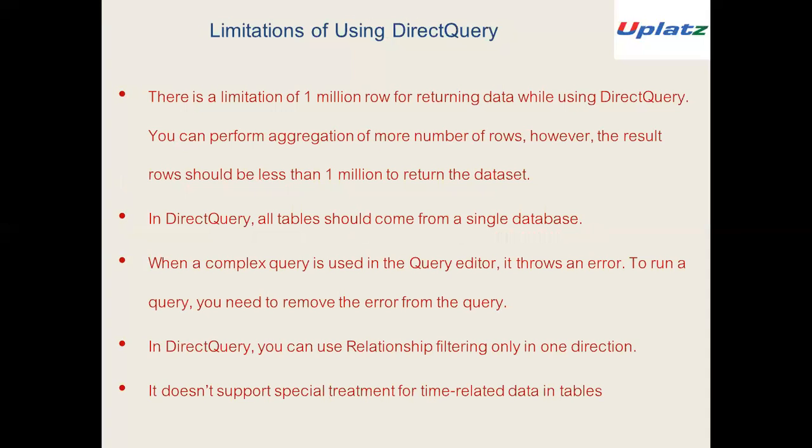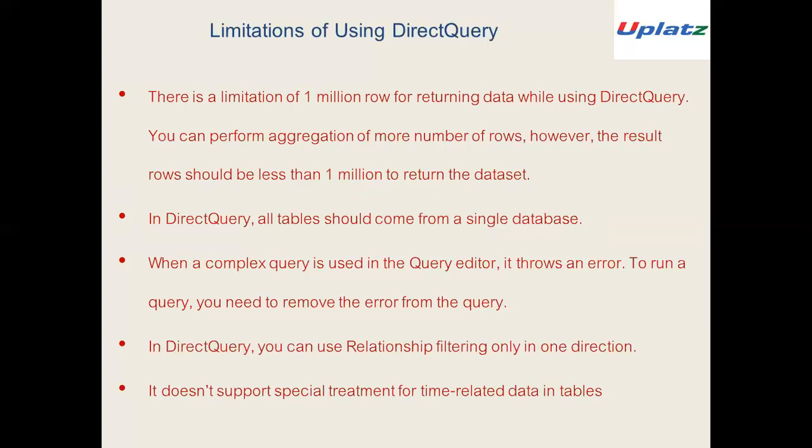Though direct query has advantages, it also has some limitations. Those limitations are, like, we can process up to 1 million rows of data. That is the limitation of 1 million rows for returning data while using direct query.